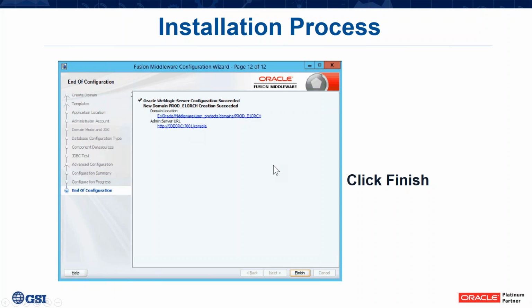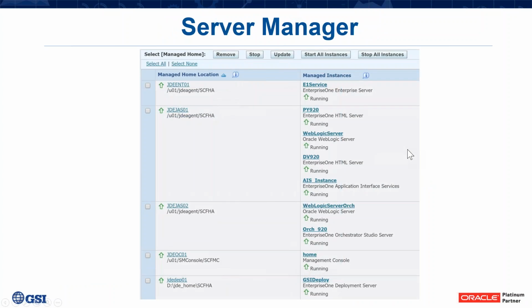So that's the administrative console. I usually bookmark it. You do seem to have to get into it on occasion. Server Manager should take care of everything. But if you have problems with Server Manager and you need to remove an instance for some reason, make sure you know that address. Pretty easy to remember. Just your machine name, 7001 console, or whatever port you chose in the installation process.